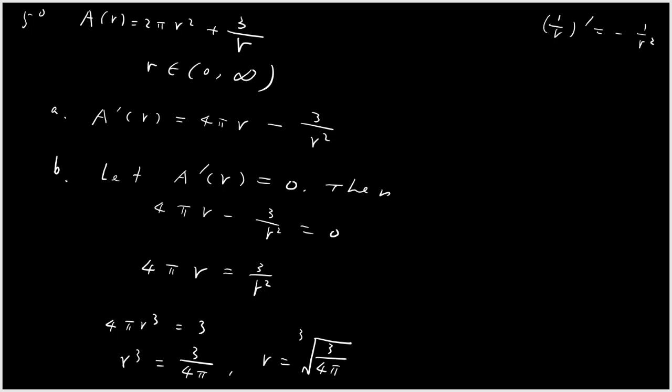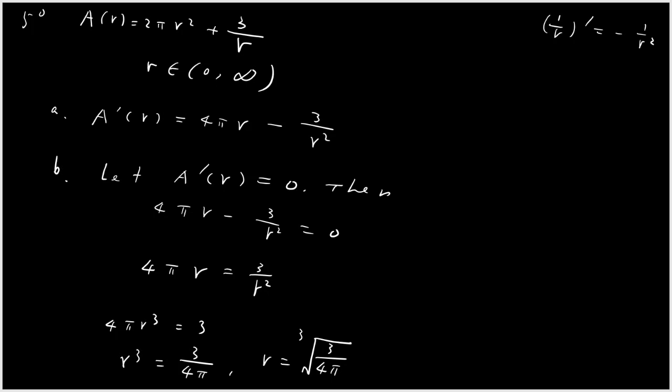I need your help. Can anybody tell me this number in decimal? You could leave this number like that, but very shortly I'm going to show you something. 0.62, sure, thank you.